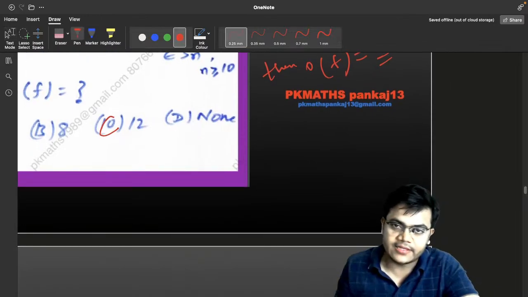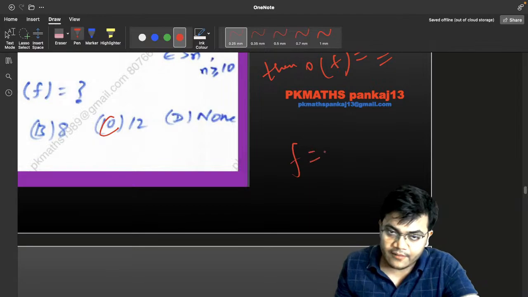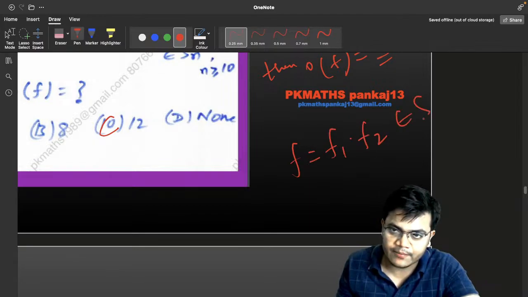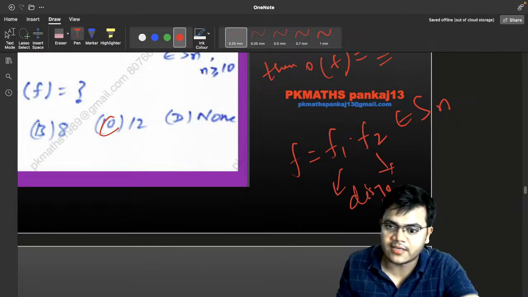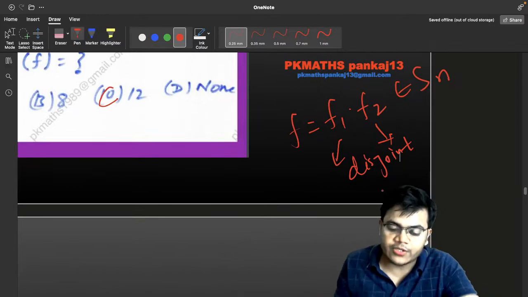And certainly this F is what? If you have a permutation F written as F1 into F2, and this belongs to Sn, where these F1 and F2 are disjoint. Disjoint means what? Nothing is common. Okay. Then what is going to happen?